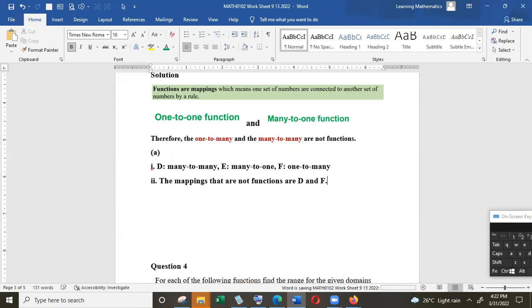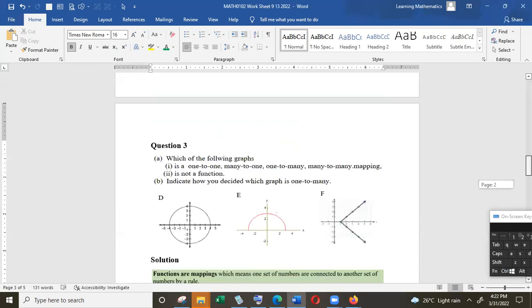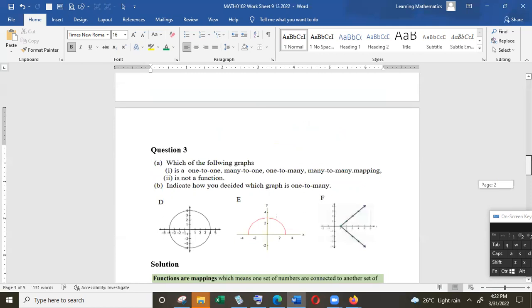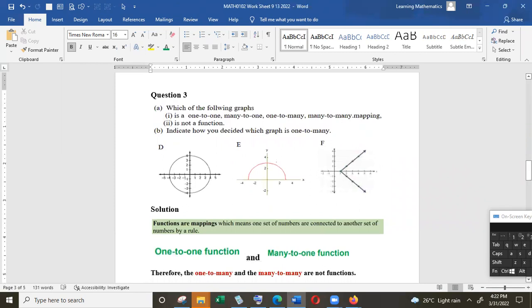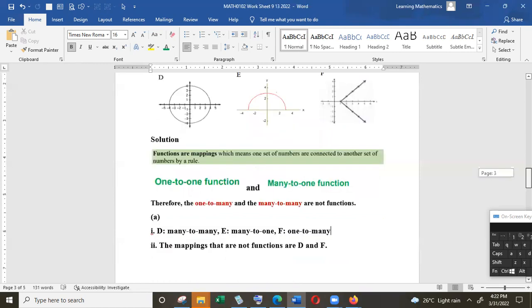Now the question goes on to say, indicate how you would decide which graph is a one to many. Which of course we simply did. And you can also apply what you call a vertical test.